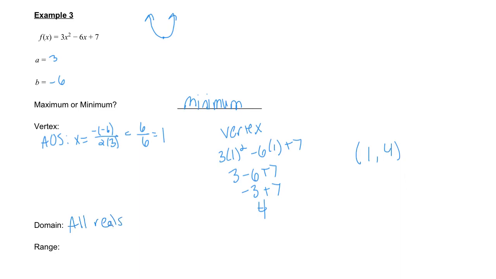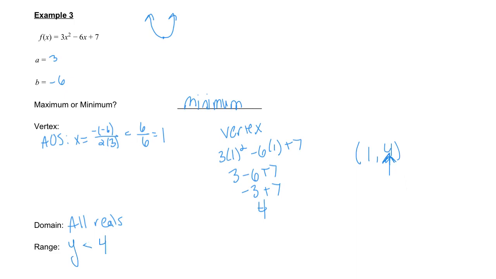The range is going to be x, or I'm so sorry, it's y. Forgive me. And that's the y portion of our vertex. In the middle, if it's a minimum, it's going to be greater than or equal to.